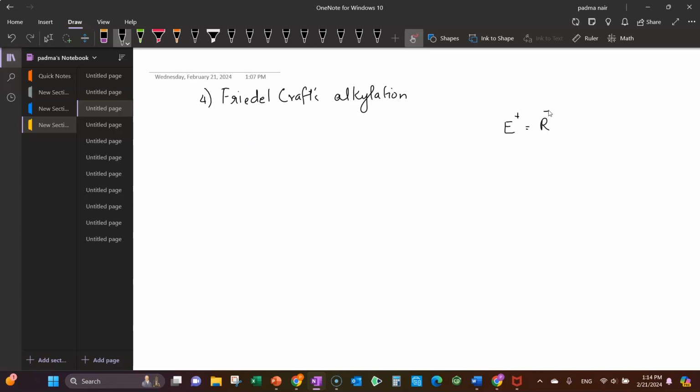So R+, where R stands for any alkyl group. Okay, so benzene reacting with an alkyl halide, right, RCl. Again, this takes place in the presence of a Lewis acid like AlCl3, resulting in substitution of the hydrogen with an R group.